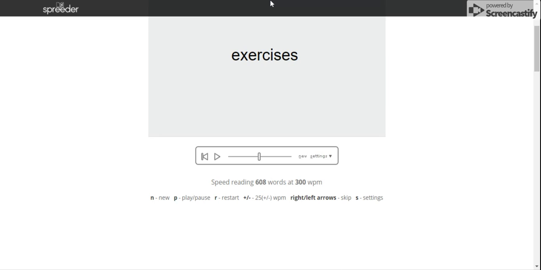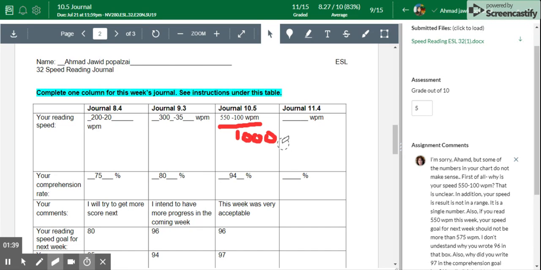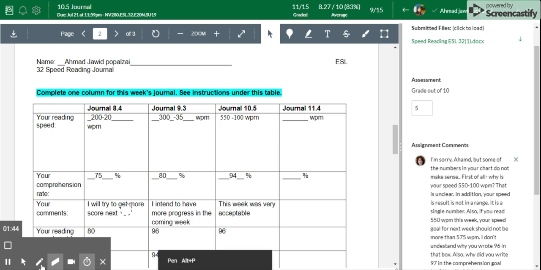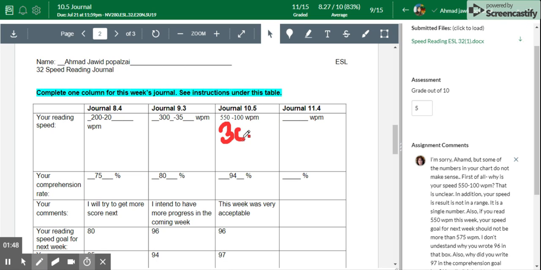So when I'm at my journal, I'm going to write here, sorry, I had to go make sure I was on the right page. So when I'm here in my journal, I'm going to write, okay, I set the Spreeder at 300 words per minute.